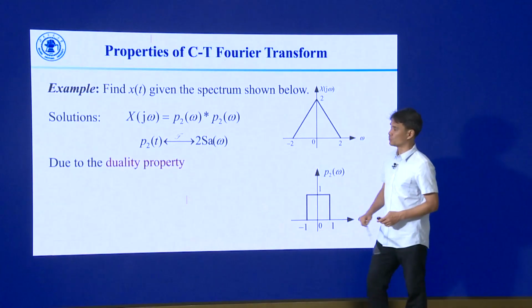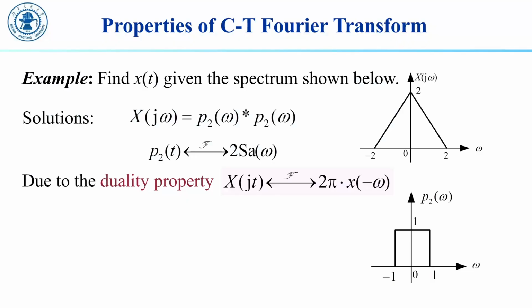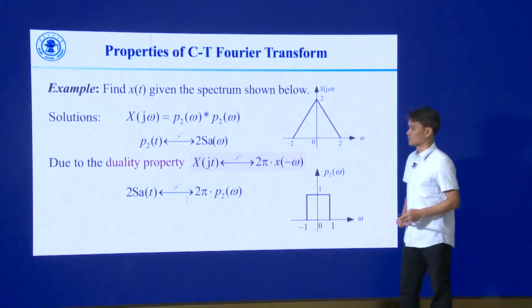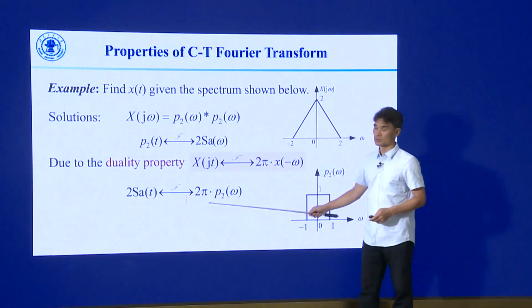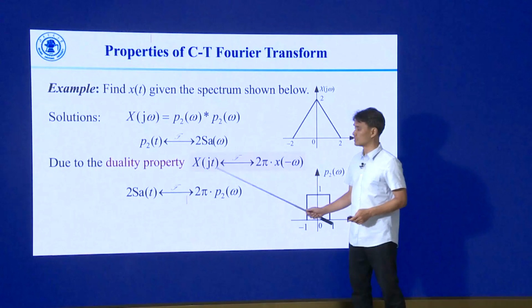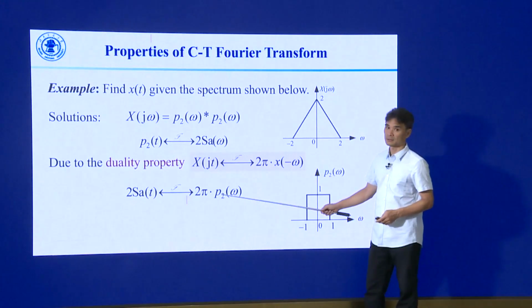So due to the duality property, if we know that the rectangle signal is in the frequency domain, then the sampling function is supposed to be in the time domain, so that we can write out the Fourier transform like this. You just switch the position and then here times 2 pi.